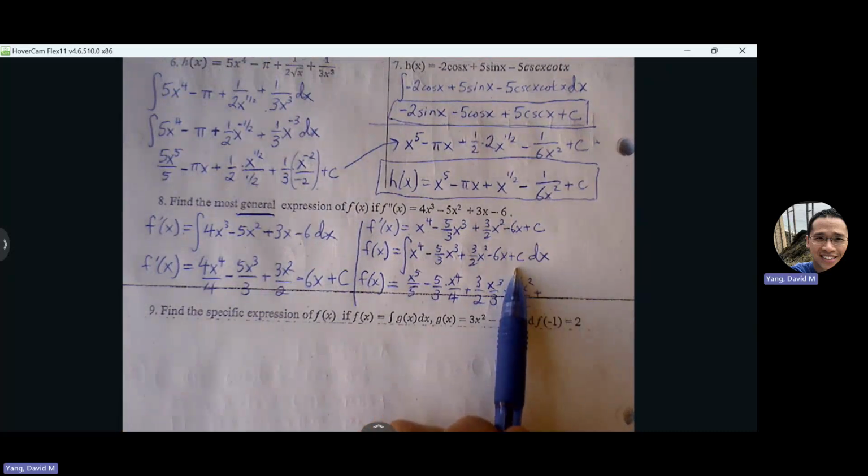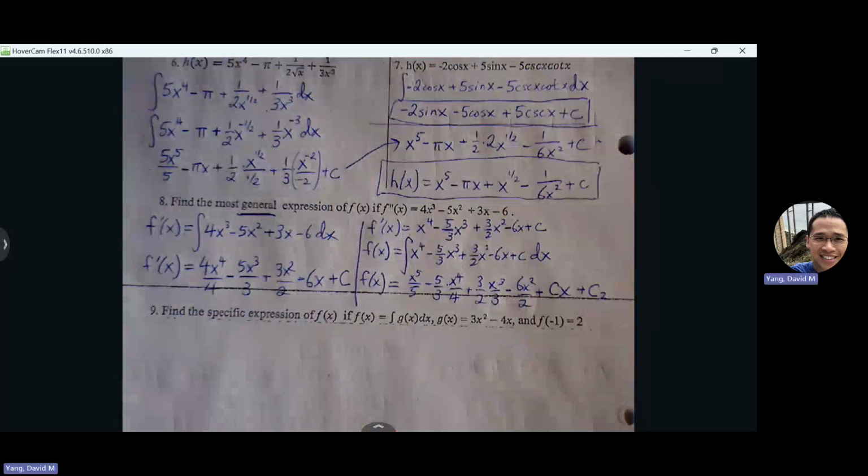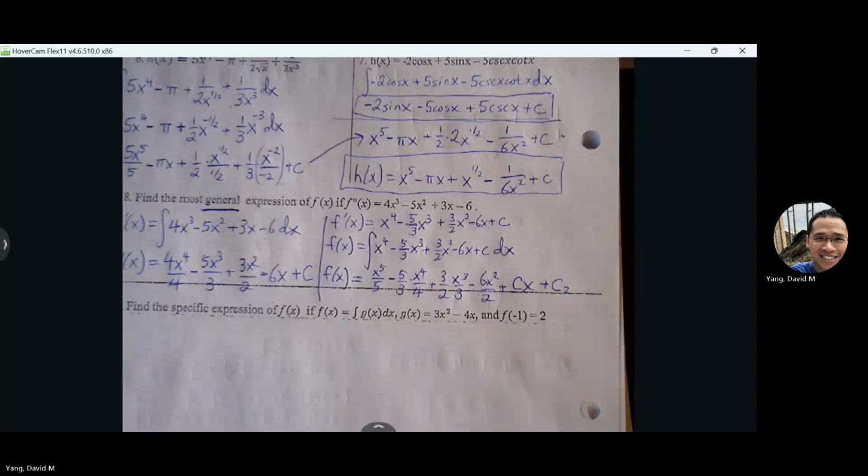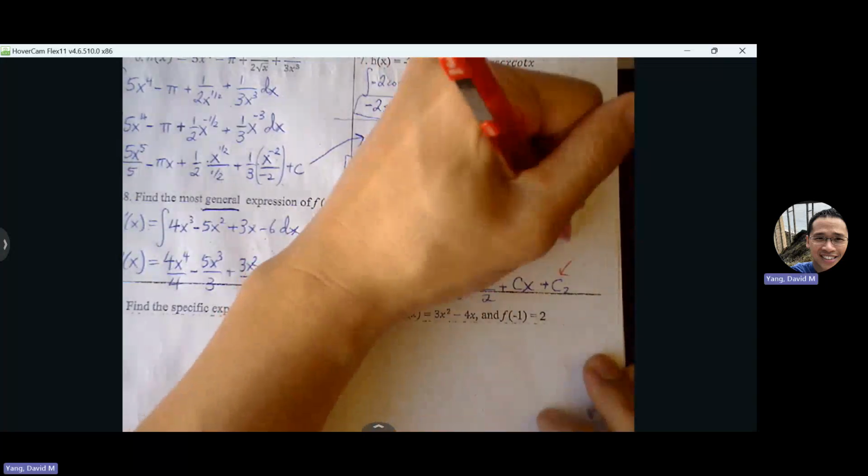What happens to the c here at the end? Cx. But this is going to also produce its own what? C sub 2. Or plus k, whatever. It's another common thing you can do.